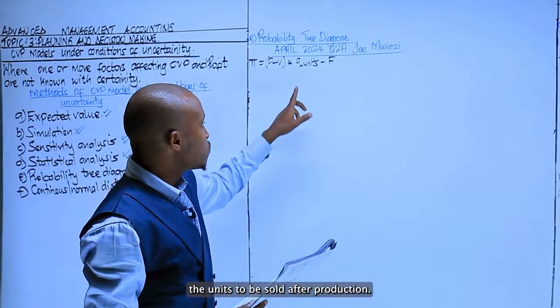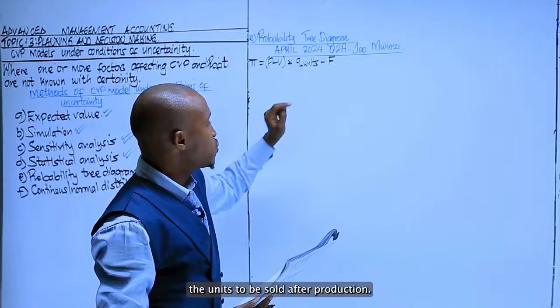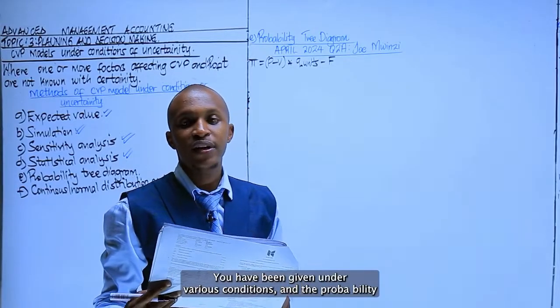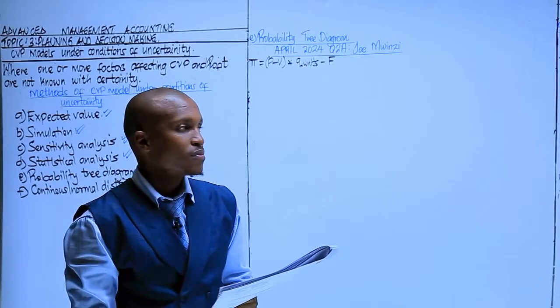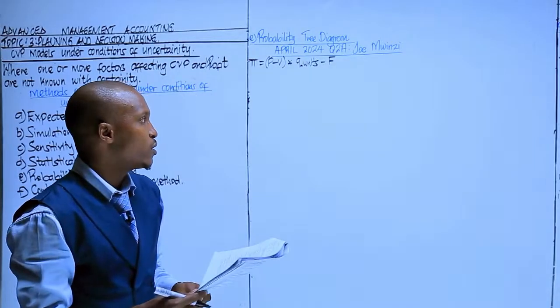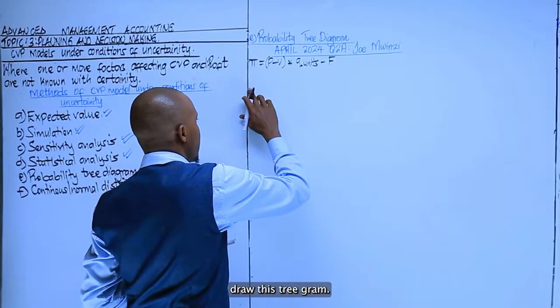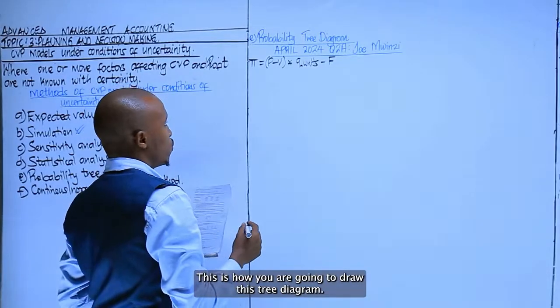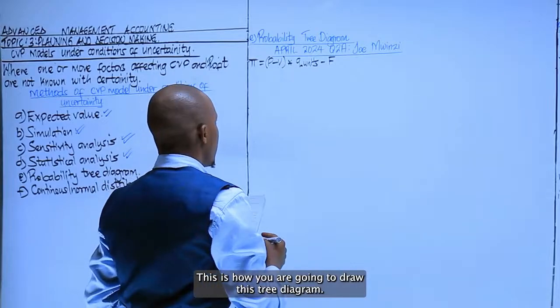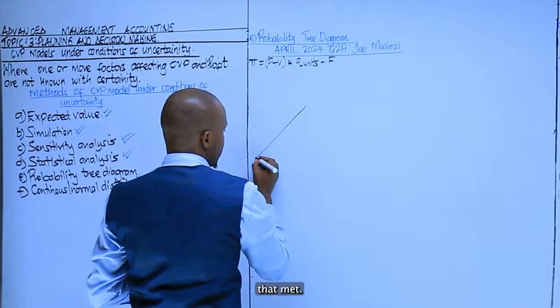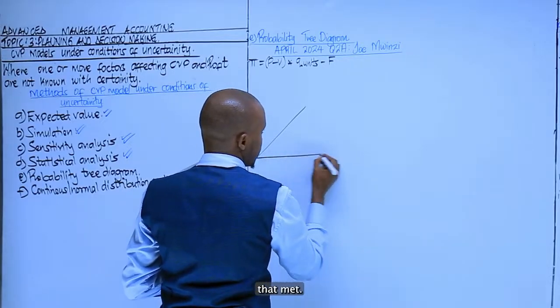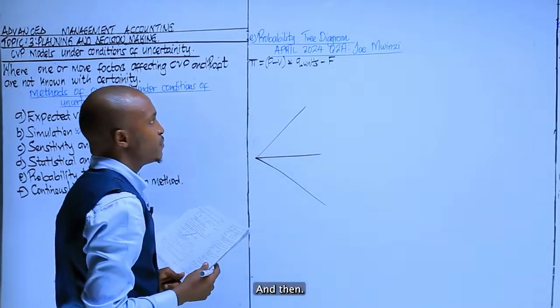The units to be sold after production have also been given under various conditions and their probabilities. And so this is how you're going to draw this tree diagram. Let's start by determining the units. There, there, and there.